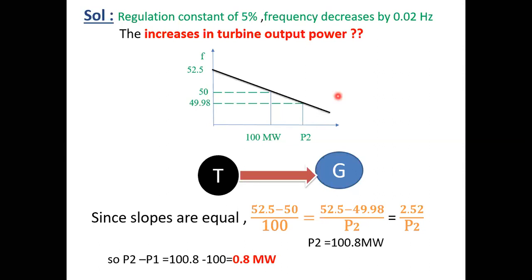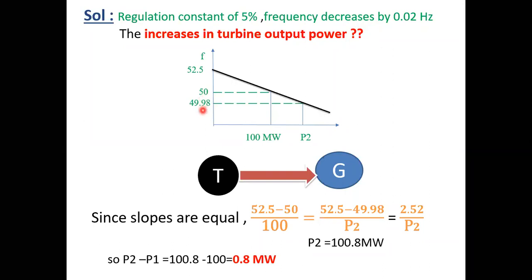Yes, very good. Roll number 52 and A3 is giving that 0.8 megawatt. Very good. Means what is the conclusion or what is our observation from this problem? Tell me. When the frequency decreases by 0.02 hertz, in order to maintain the constant frequency, generally our constant frequency is 50 hertz. But when the demand increases, our frequency comes to 49.98.